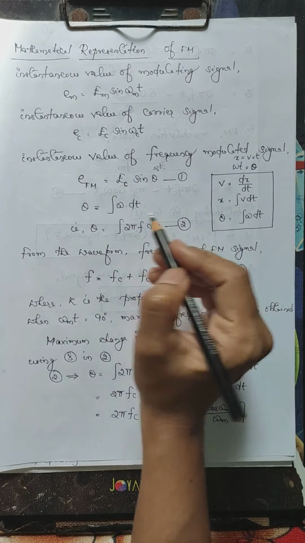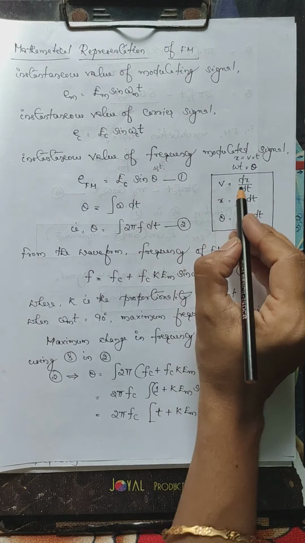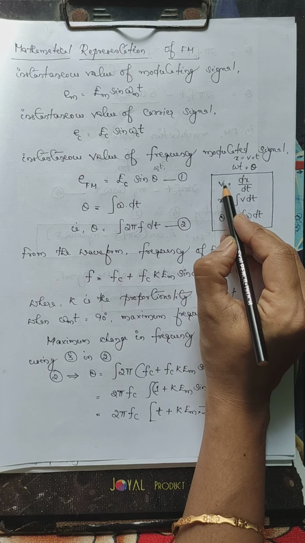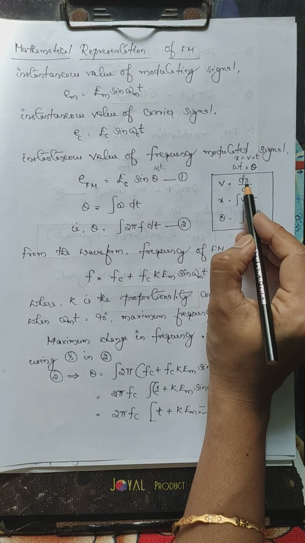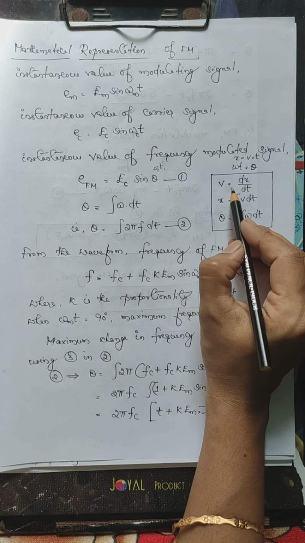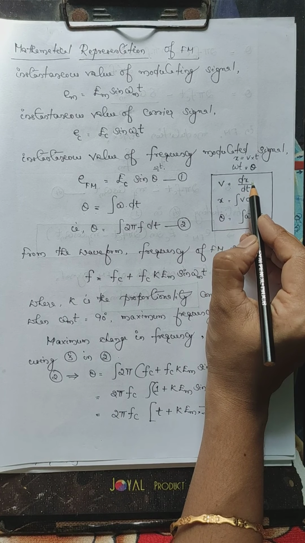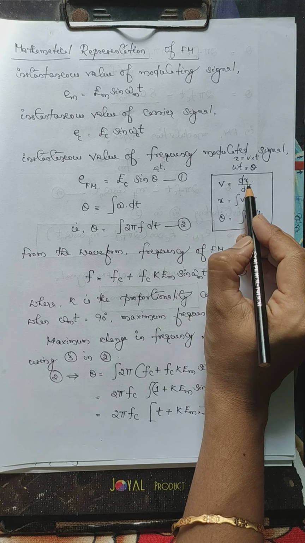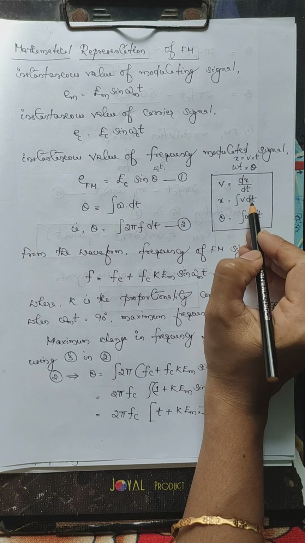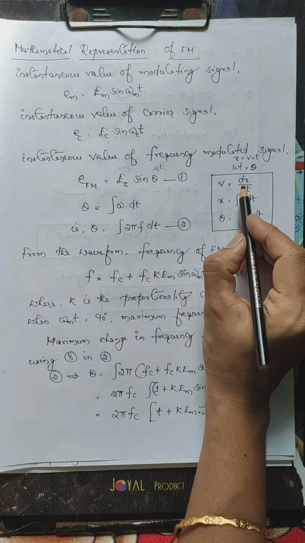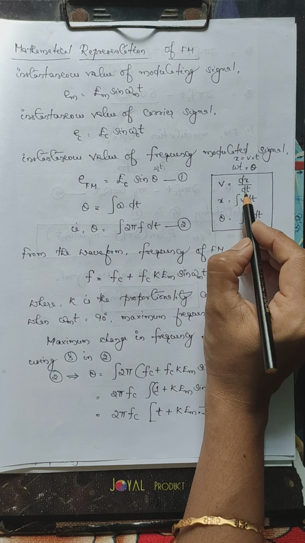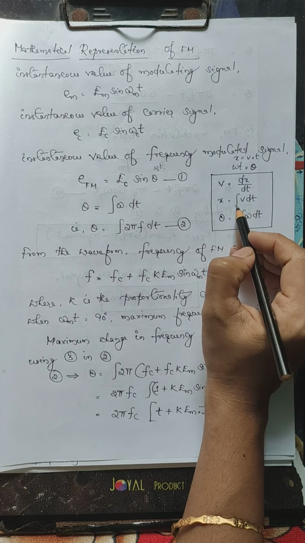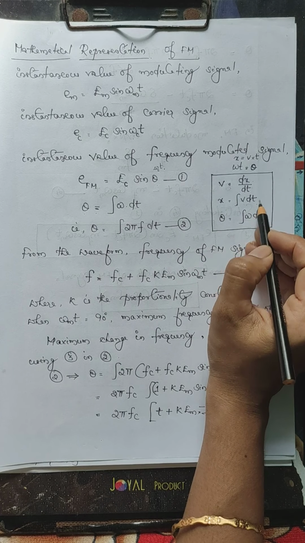Now, what is theta? In linear motion, velocity v is equal to dx by dt, so dx is equal to v dt, and x is equal to the integral of v dt.